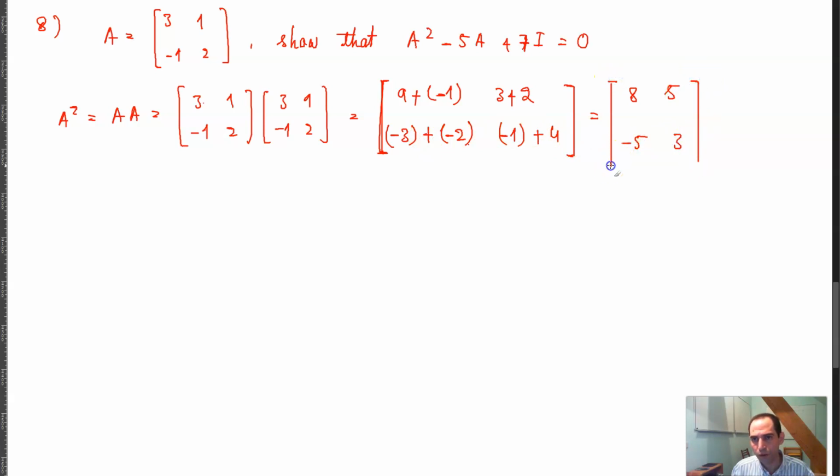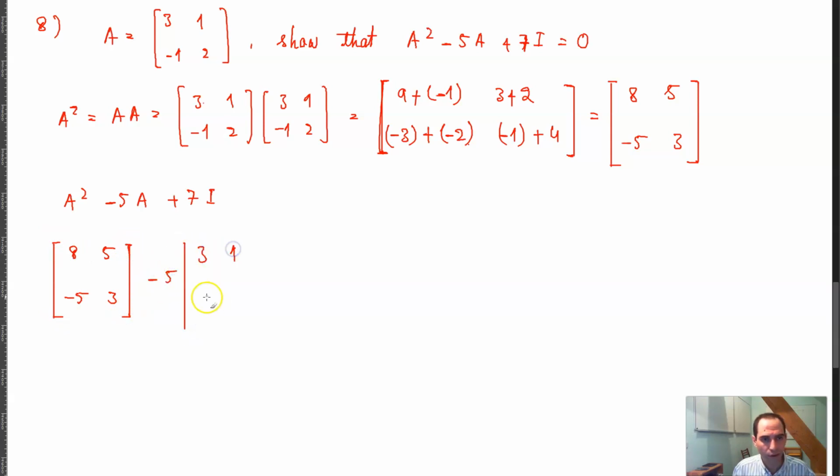That is A squared. Now I can write the equation as A squared minus 5A plus 7 times I, which is 8, 5, negative 5, and 3, and negative 5 times A, which is equal to 3, 1, negative 1, and 2.